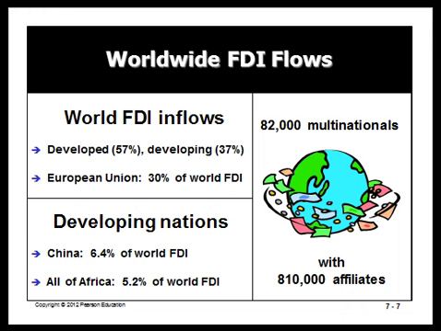The European Union, United States, and Japan attract the vast amount of world FDI inflows. FDI inflows to developing nations were mixed, with China attracting most in Asia and India attracting a fair amount. Outflows of FDI from developing nations are also on the rise.